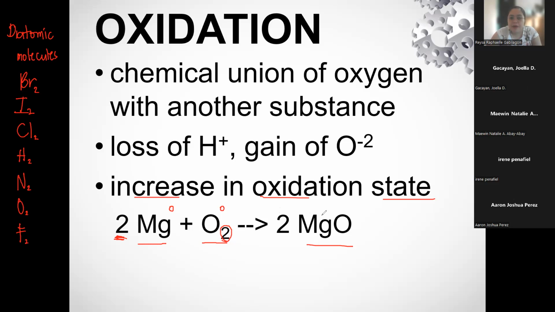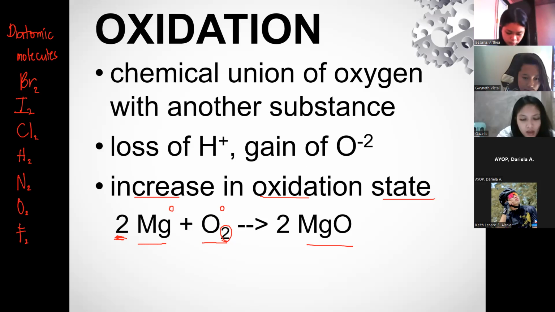Last time, I also taught you how to identify the charge of these elements. Right? I said you have to look at their position in the periodic table. So the group where they belong in the periodic table will be their charge. Again, use that if these elements combine with other elements to form a compound. So if I'm going to ask you, what will be the charge of magnesium now?